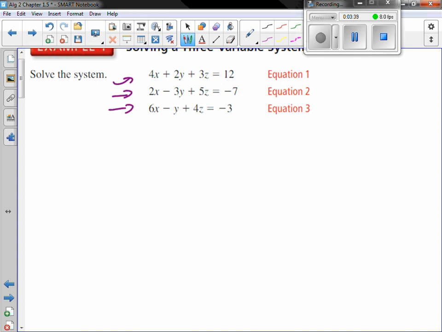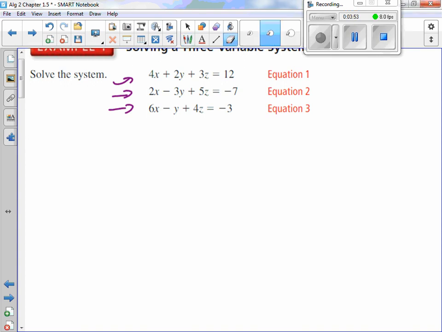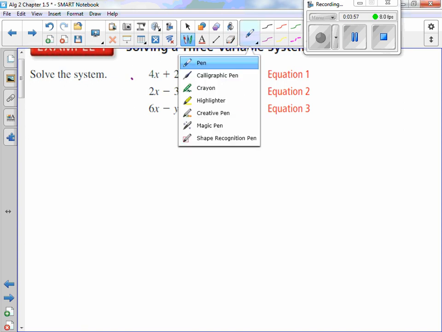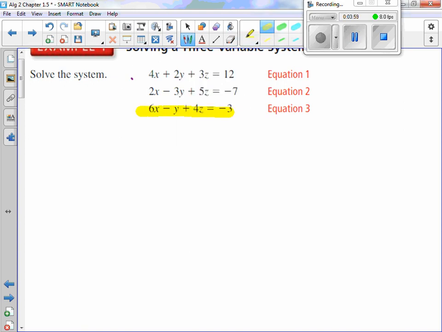And thinking back to Algebra 1, when we did elimination, what we did is we tried to get 2 of the variables to have the same number in front of them, and we combined them so that they simplified out. So what we're going to do is, looking at these 3 here, I'm going to highlight this equation here.